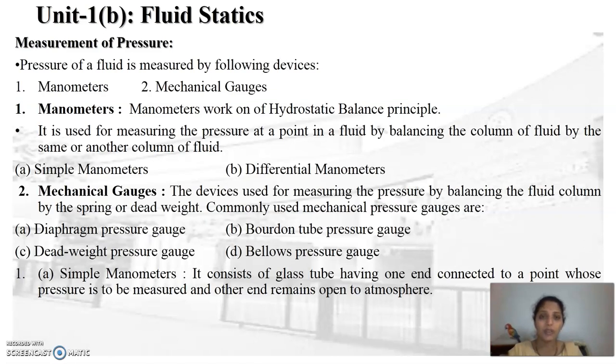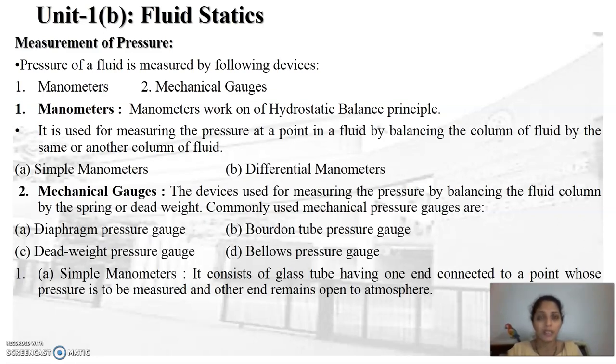Here we can classify the devices based upon their use as manometers and mechanical gauges. Manometers are small tubes based on the hydrostatic balance principle. They are used for measuring the pressure at a particular point in the fluid by balancing the column of the fluid with another column of fluid.